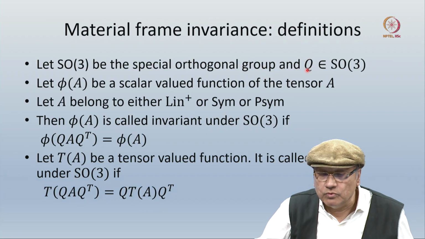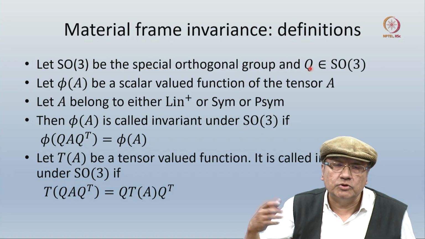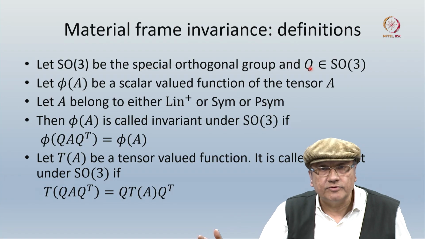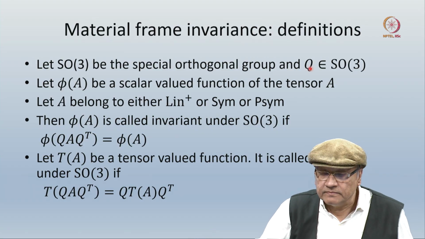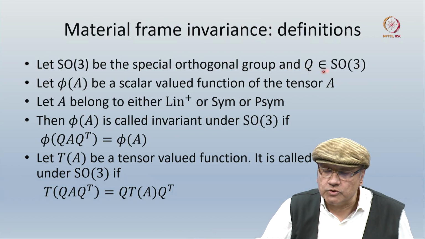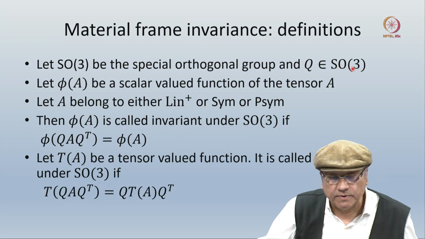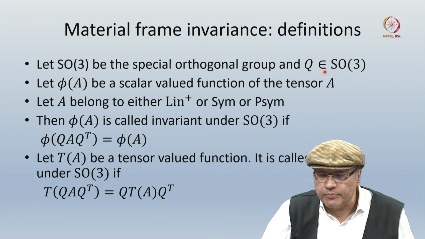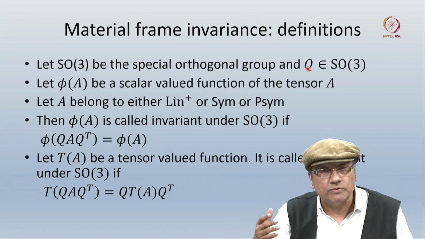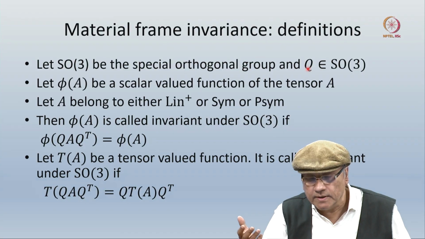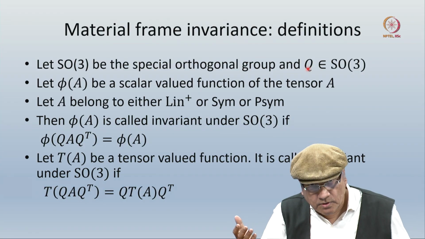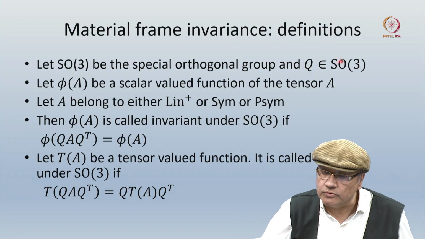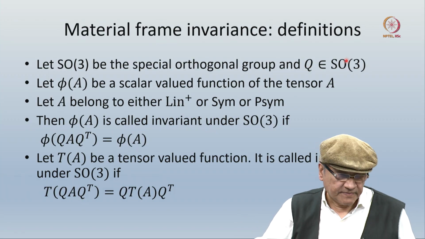So Q is a proper orthogonal tensor, which means that Q transpose Q is identity and determinant of Q is plus 1. So we say that Q belongs to SO3, that is the special orthogonal group. Why is it called a group? Please recall, I have already told you that any composition of two rotations, if Q1 is one rotation and Q2 is another rotation, then Q1 Q2 or Q2 Q1 for that matter will also be a rotation which will belong to SO3, special orthogonal group.